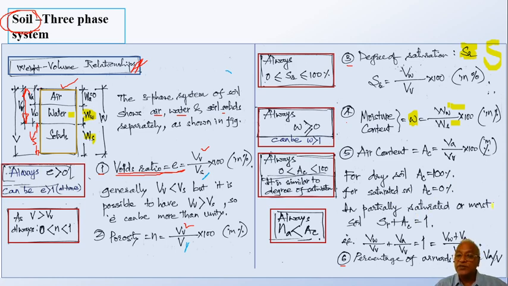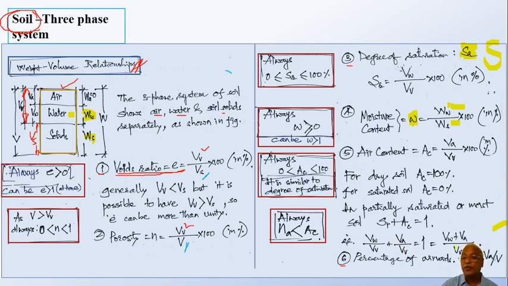In partially saturated or moist soil, the degree of saturation and air content have to sum up to 1. If you look here, volume of water divided by volume of voids is degree of saturation, and volume of air divided by volume of voids is air content.